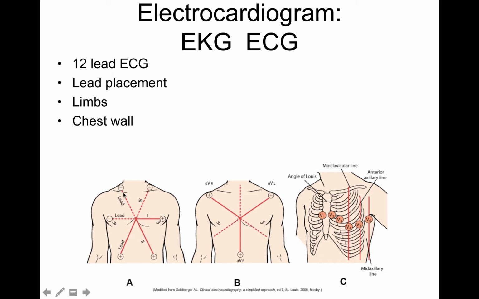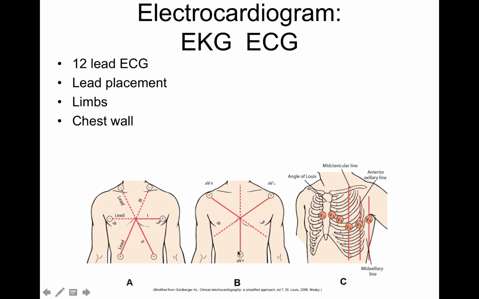Typically we like to look at lead 2, because lead 2 goes from the right arm all the way down to the left leg, so that is directly right in the center of the chest. Lead 3 is more of a superior view. Lead 1 is from the right arm all the way to the left arm, so it's kind of a lateral view.